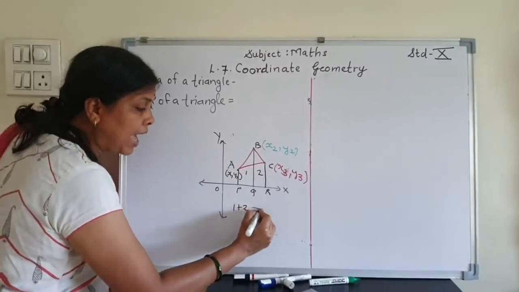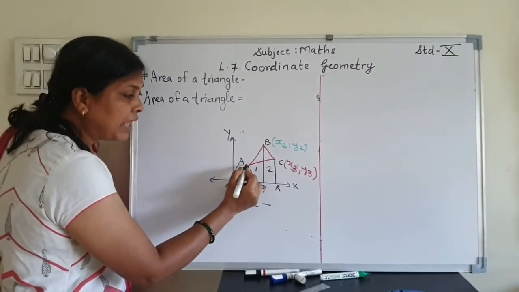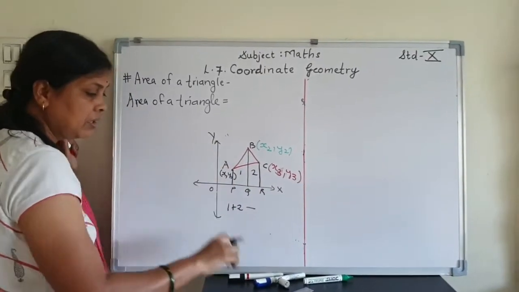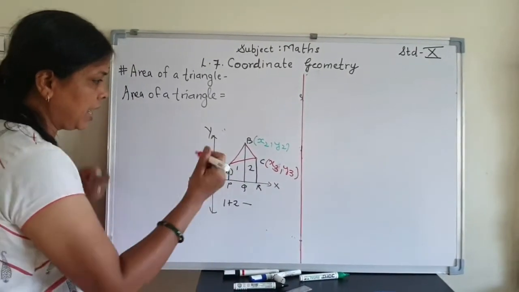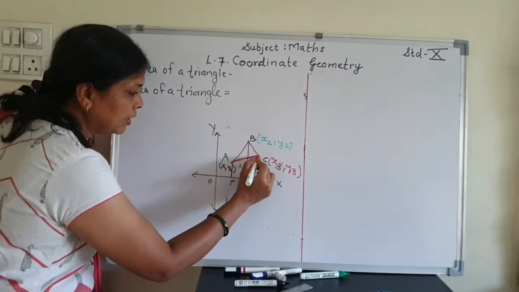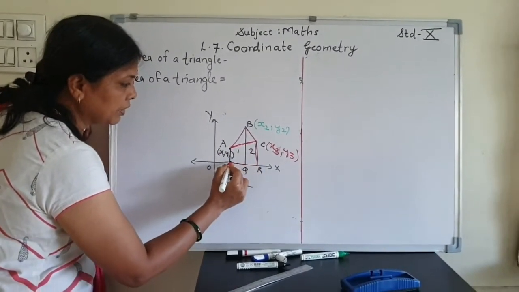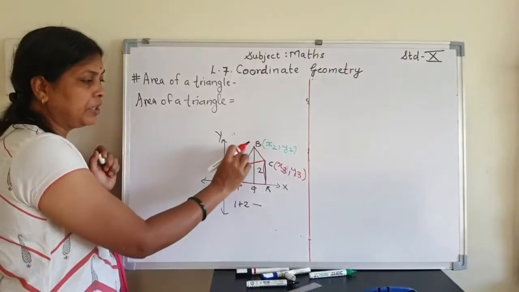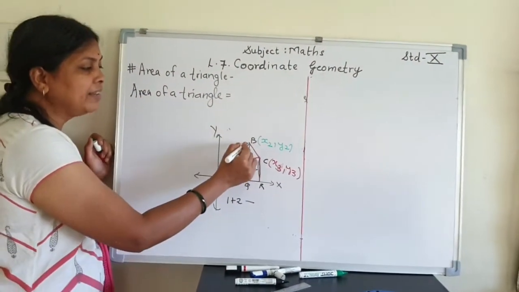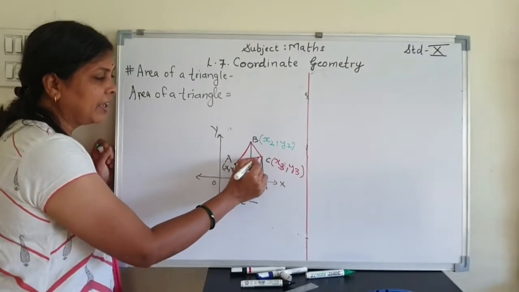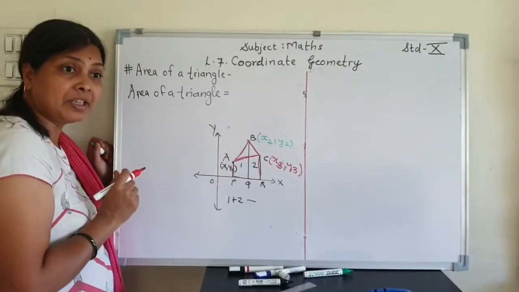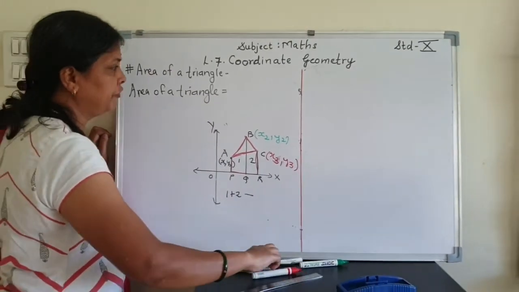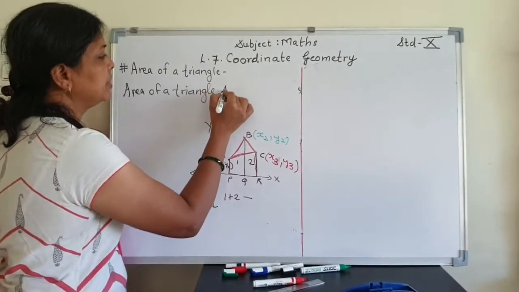But if you subtract this trapezium, that is A, C, R, P, from these big trapeziums, then we get this area, triangle ABC. So thus here we get the area of triangle ABC.